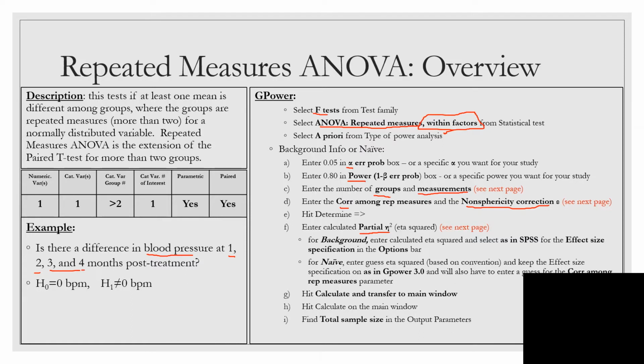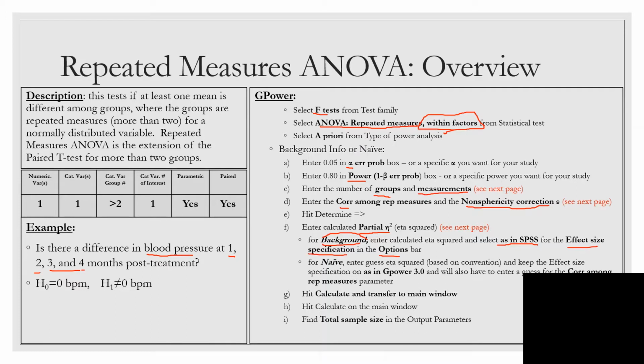To do this, you're going to actually have to go under background. So if you have background information, you'll enter it calculated from something such as SPSS. You have to set that. We'll take a look at that in a couple examples. And that's under the options bar, and then that has the effect size specification.